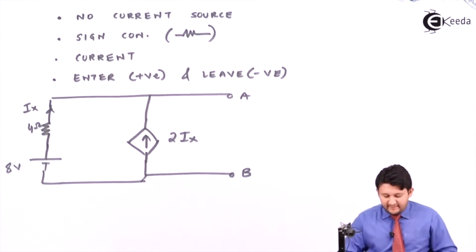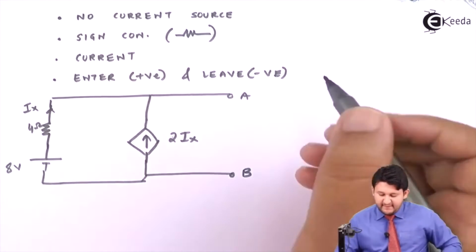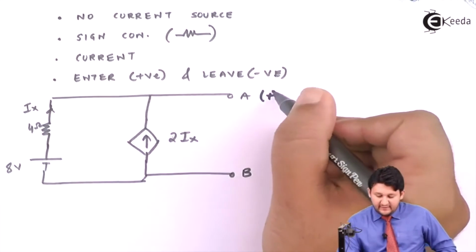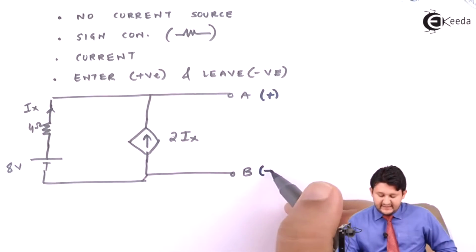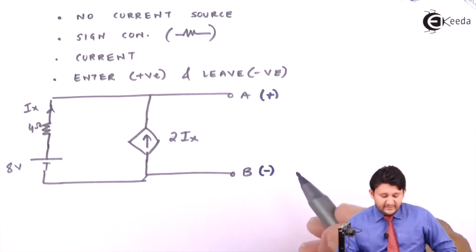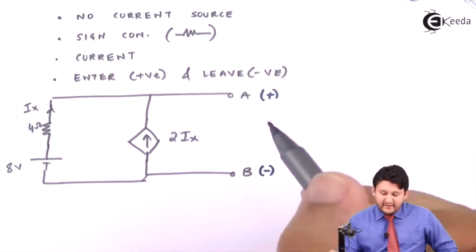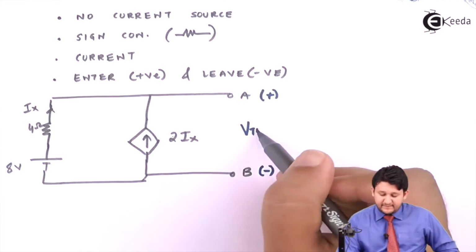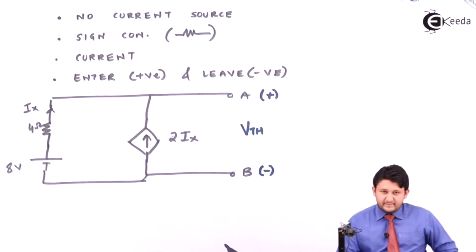Let's do it, my dear friend. We said step by step: A as positive, B as negative. Then second, between A and B, write VTH.